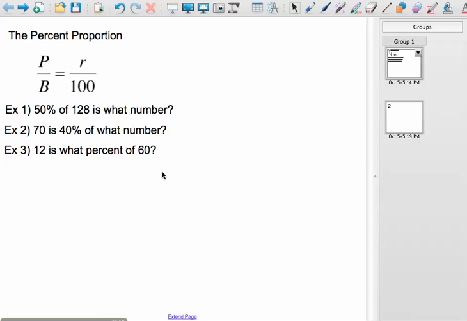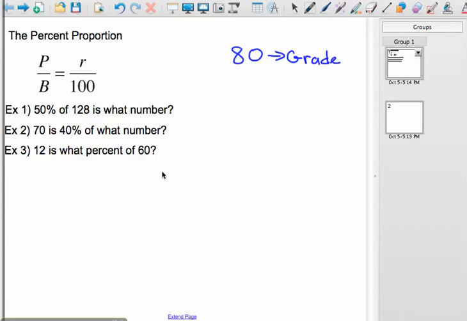As we know, a percent is actually a comparison of a number to 100. So let's say, for example, that you have an average in school, and you get an 80 on your report card. So this is your grade. If 80 is your grade in class, what that actually is is a comparison to 100.